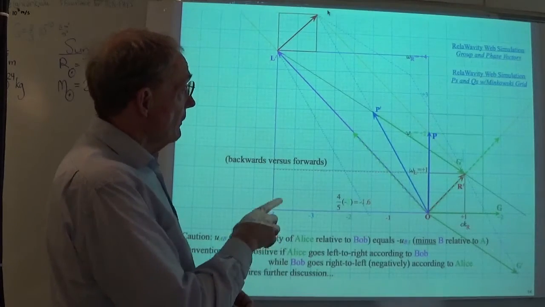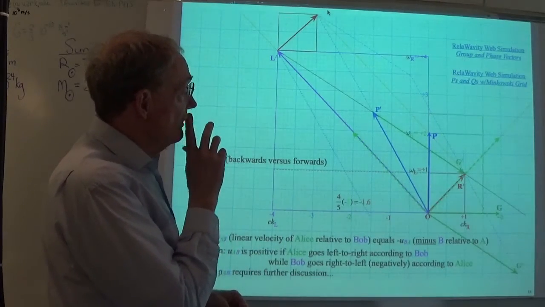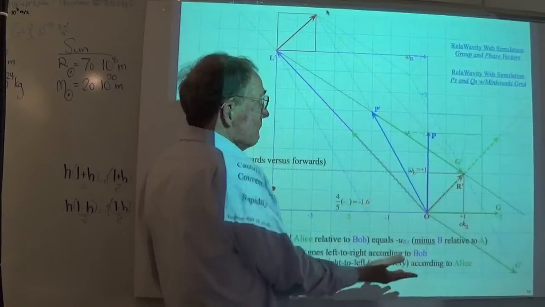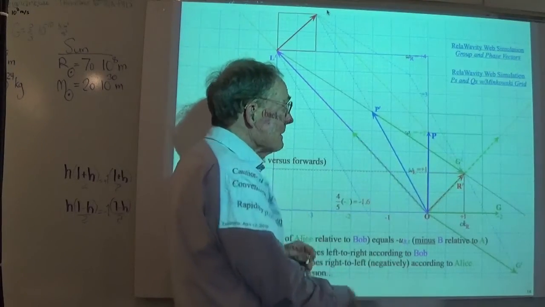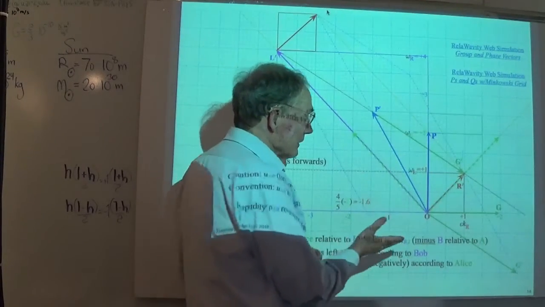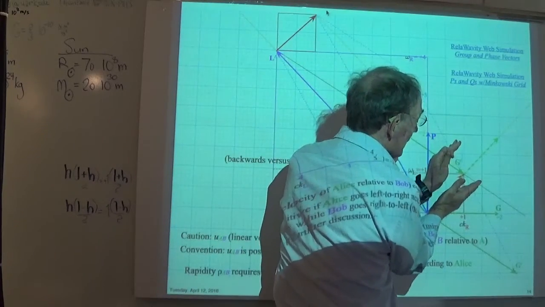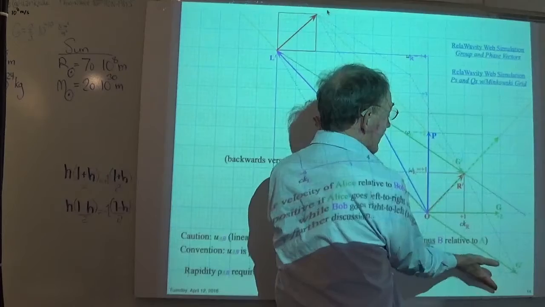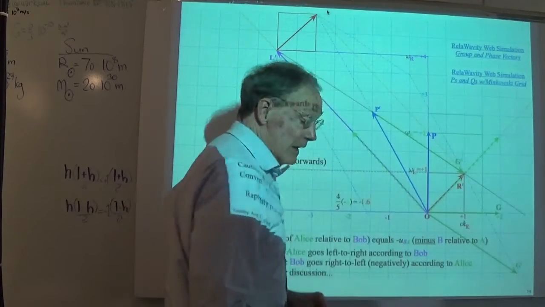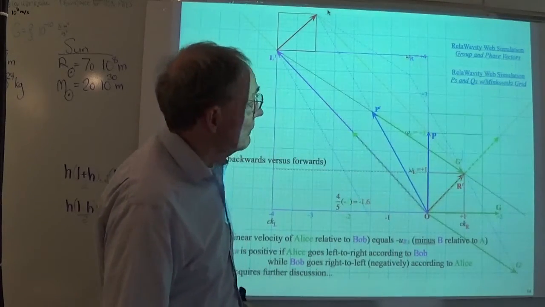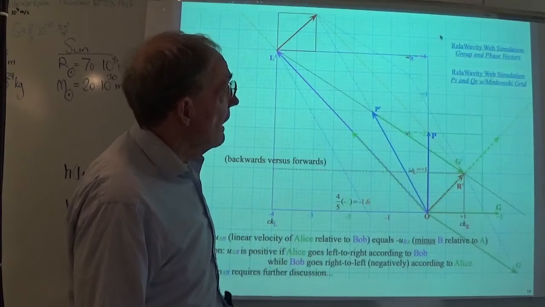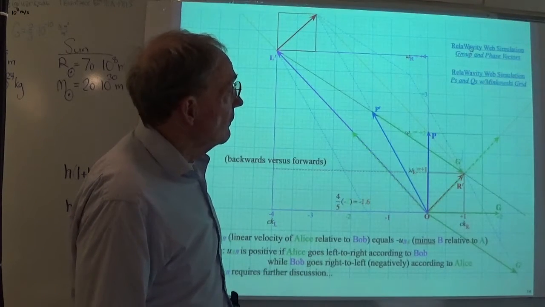The thing that I would like you to see is what it would look like if you turned it the other way. Instead of the group vector being here and the phase vector being here, going the other way, it opens this way.